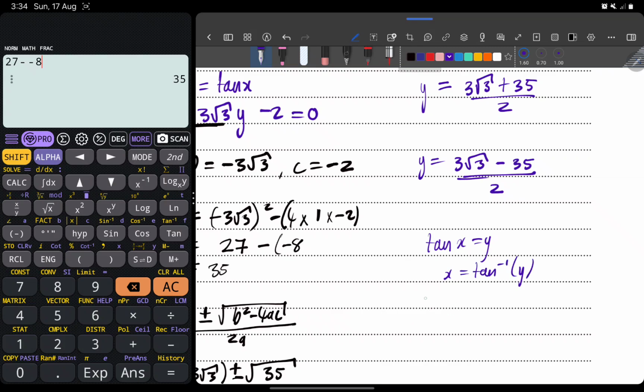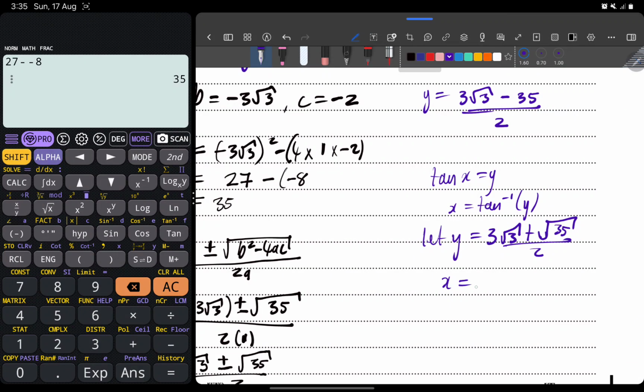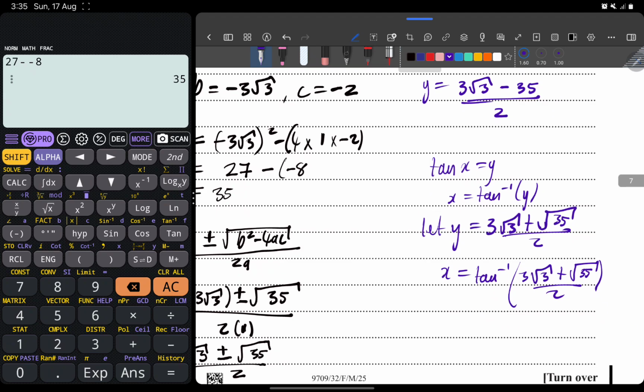Let y be equal to the first one, 3 root 3 plus root 35 all over 2, which means that x is equal to tan inverse of 3 root 3 plus root 35 all over 2. What are we going to get here?